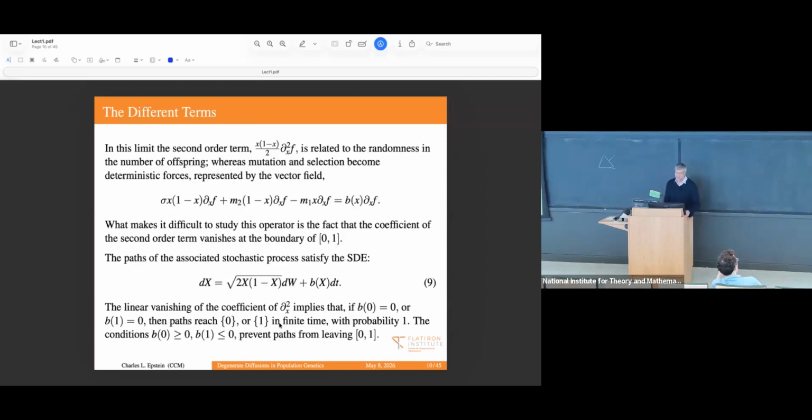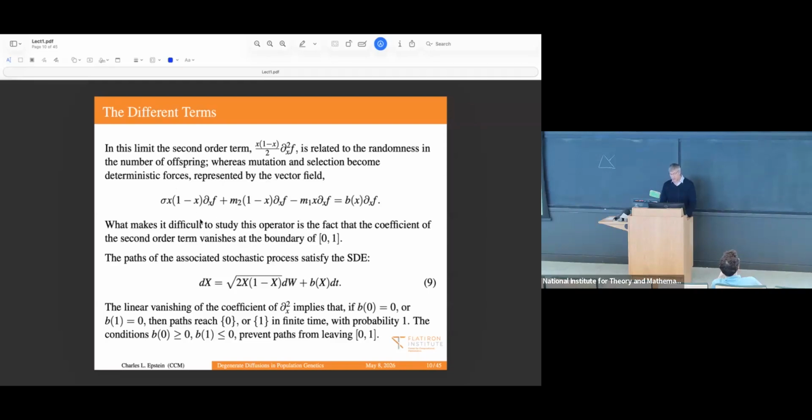Okay, so the second order term, which is the diffusion term, x(1 minus x)/2 d_x squared, is related to randomness in the number of offspring. And strangely, at least if you're a casual observer of population genetics, mutation and selection in this model are actually deterministic forces because they're described by a vector field.